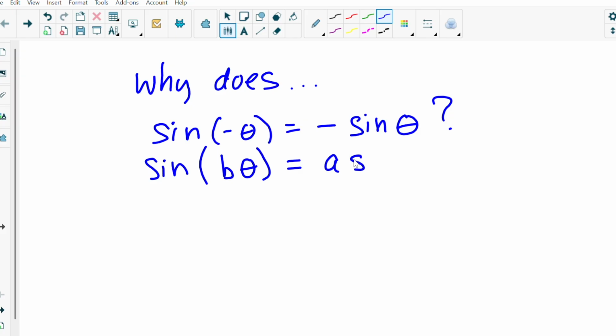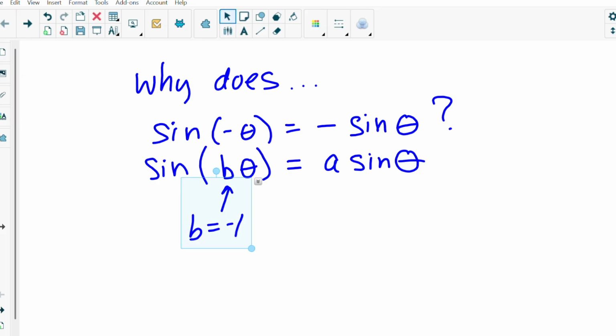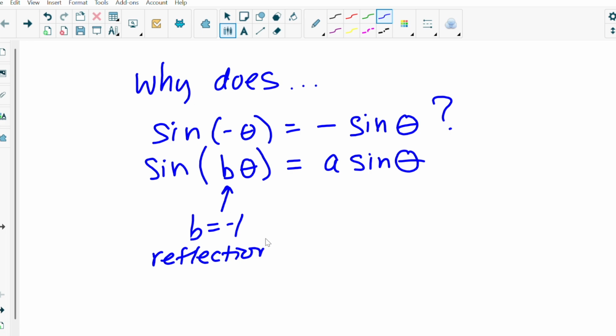And then on the right side, that's the a value. Well, what does this b value tell you? b equals negative 1 in this case. That is a reflection in the y-axis.